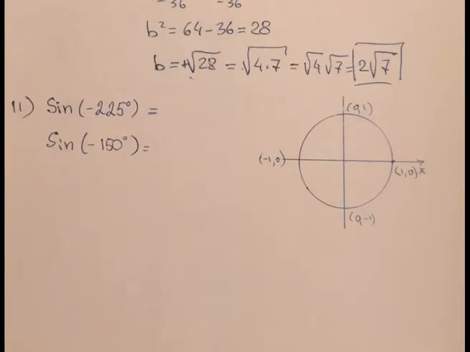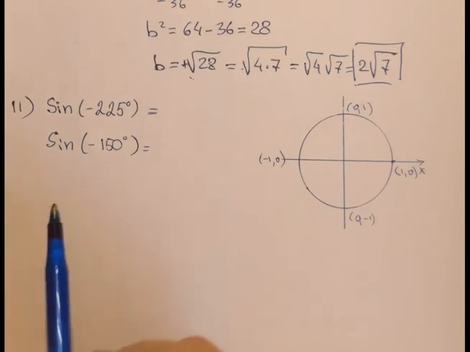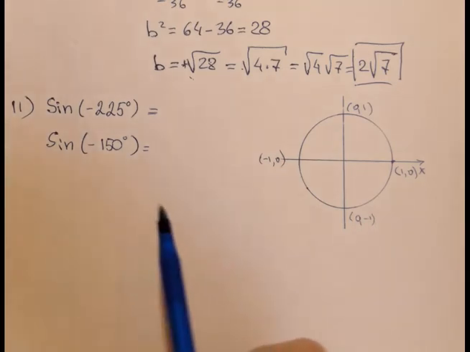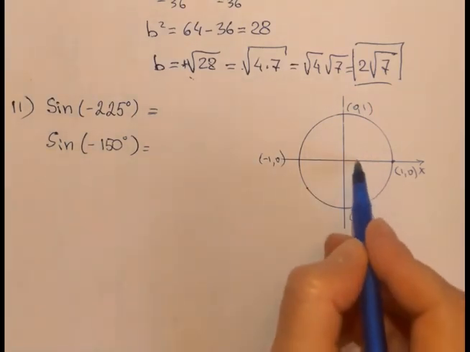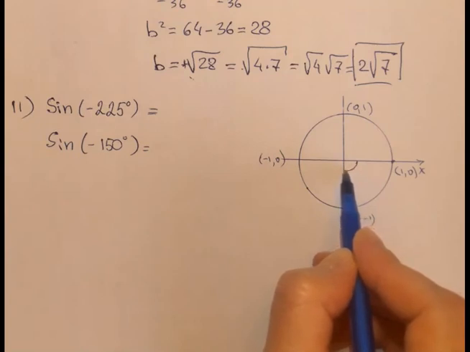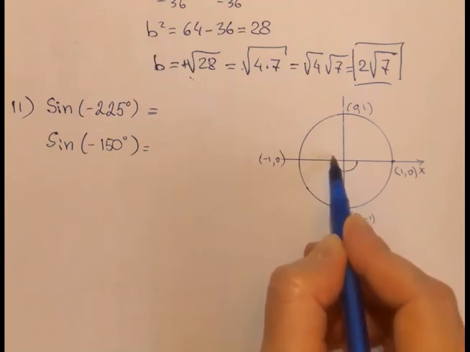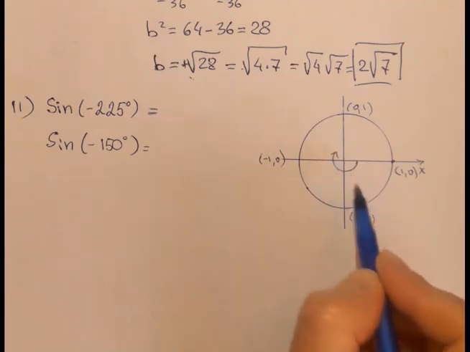Let us find the sine of negative 225 degrees. So we want to locate this angle on the unit circle. When it is negative, we rotate the terminal side in the opposite direction, the clockwise direction.